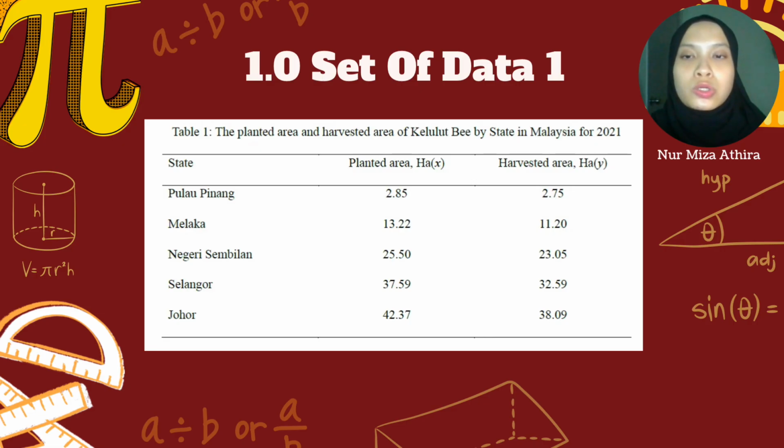That means Johor is the largest state with more land for kelulut farming instead of Pulau Pinang having limited land. The data were collected from the Department of Agriculture 2024 and subsequently analysed by Maple 2023.